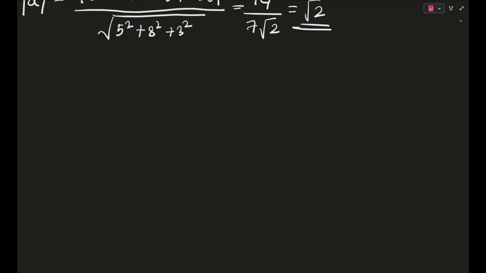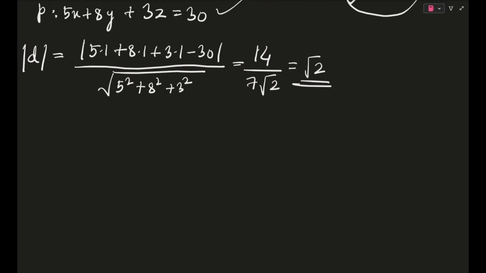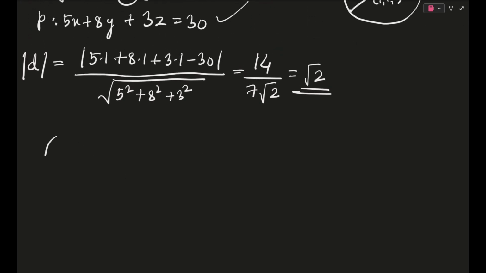So guys, right now I am going to give you a little bit of visualization, and that is, if I draw a circle here, and please consider for the time being that this is not a circle, this is a sphere. Okay, for the time being, just consider that this is a sphere. So if this is a sphere and a plane, that is your plane P, it goes and cuts the sphere like this.